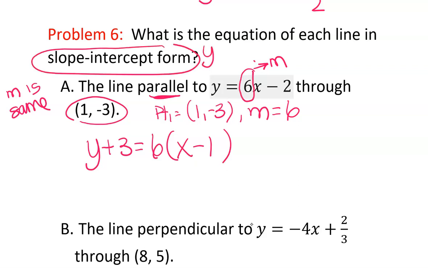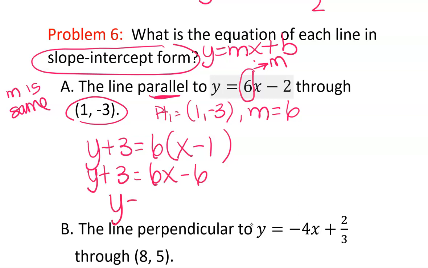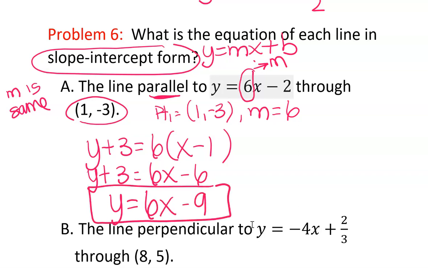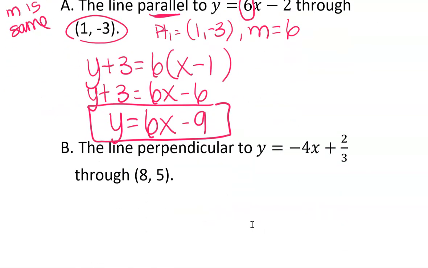Remember, slope-intercept form, you solve for y. So we'll need to get rid of the parentheses, distributive property on the right. We will also get y by itself, so we'll subtract 3. So my equation in slope-intercept form is y equals 6x minus 9.